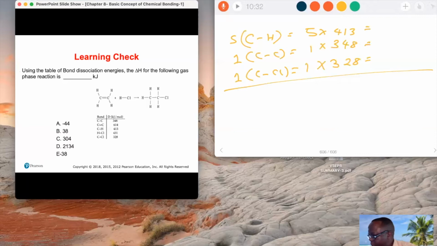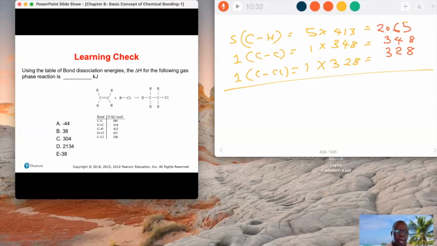So this one is 5, 15, 6, 20. This is 348, and then this is 20. What is 320? 328.